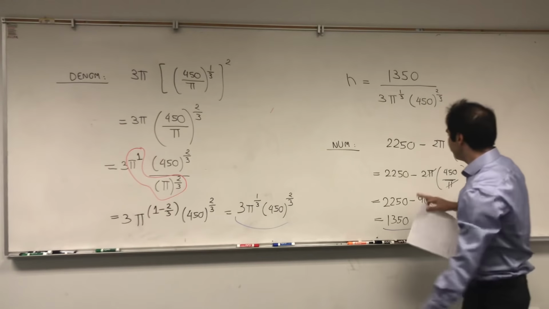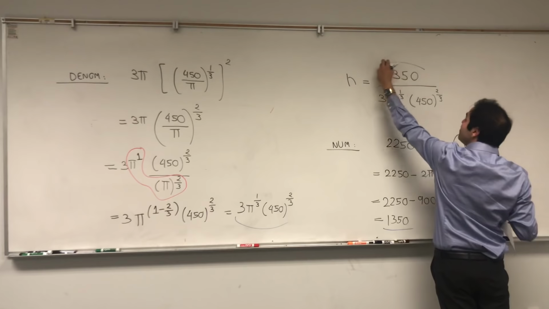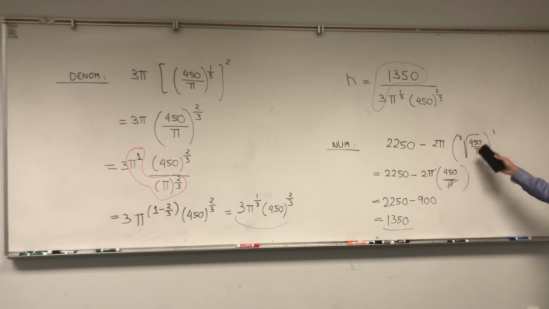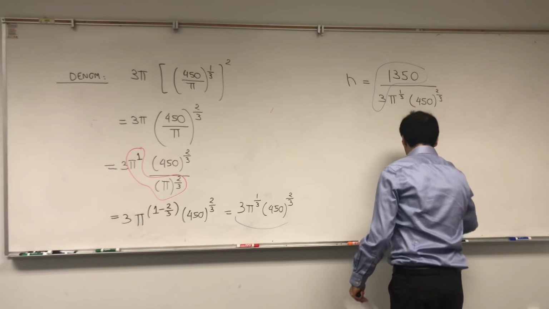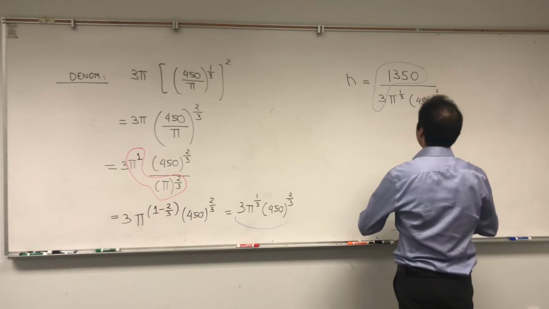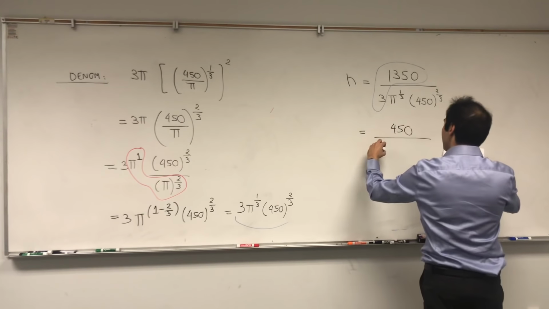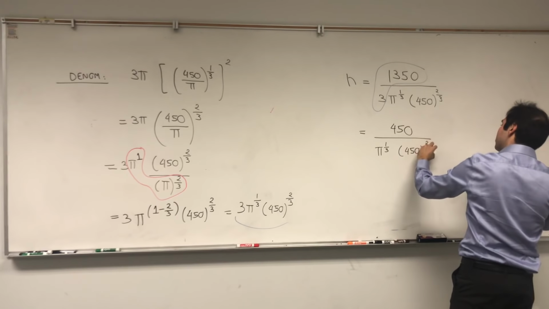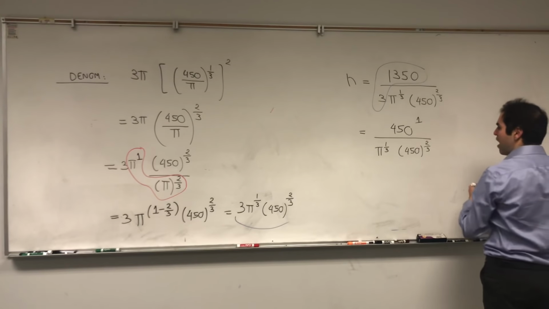But here's the nice thing. Again, this is the miracle that I didn't really believe in at first, but it is actually correct. If you divide 1350 by 3, it turns out you get 450. And that's what makes it work. You get 450 over pi to the 1/3, and then 450 to the 2/3. And 450 is to the first power.